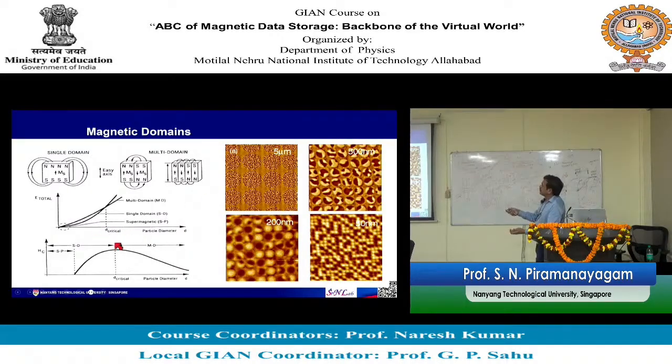But below the critical diameter, you will have only one domain. That's what is shown in this picture. MD means multi-domain, SD means single domain. Below a certain critical size, you will have single domain. Above a certain critical size, you will have multi-domain.